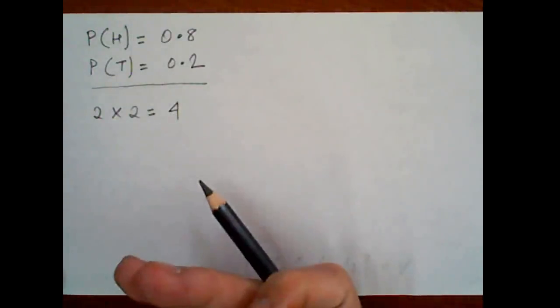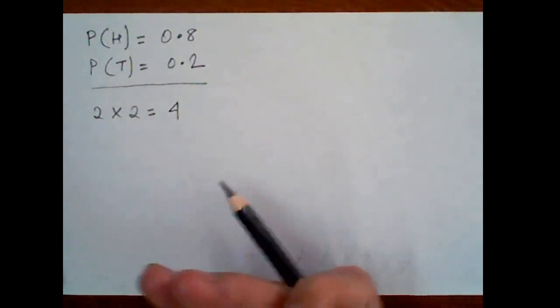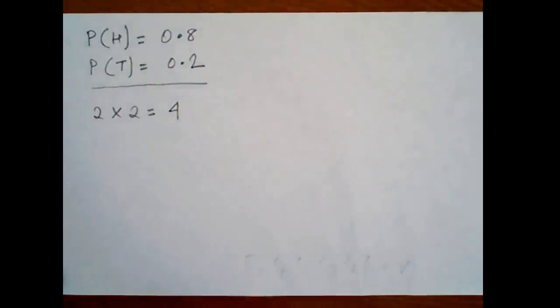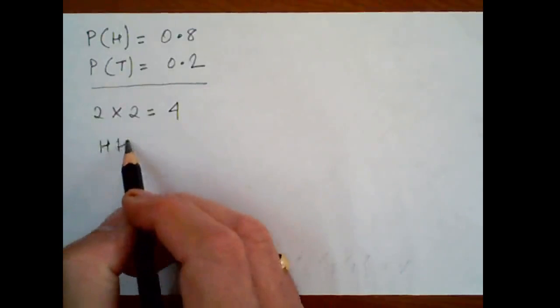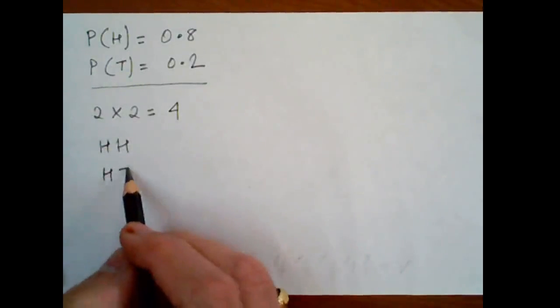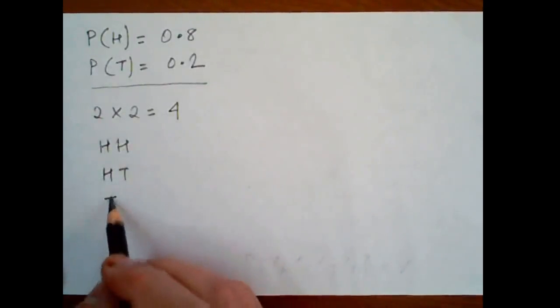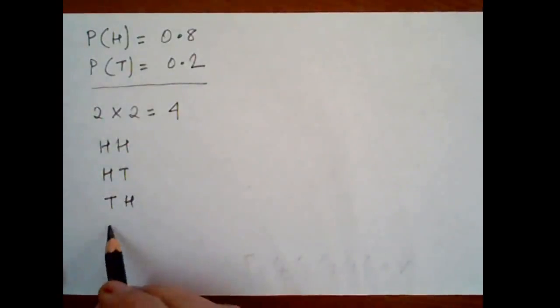And the tree diagram will be essentially the same as you have drawn in the previous problem. So let's write down these outcomes. First outcome is HH, one of the outcomes is HT, the other one is TH, and the other one is TT.